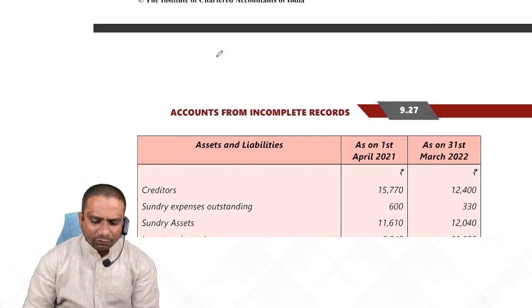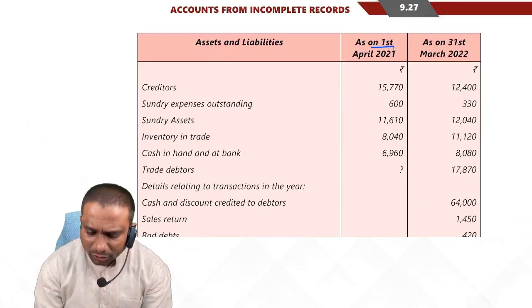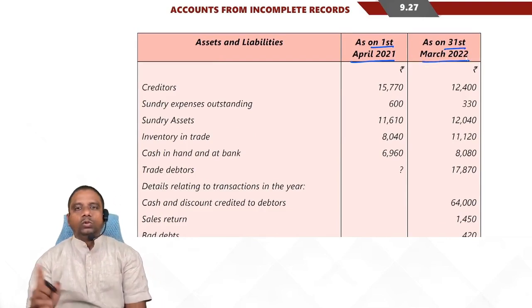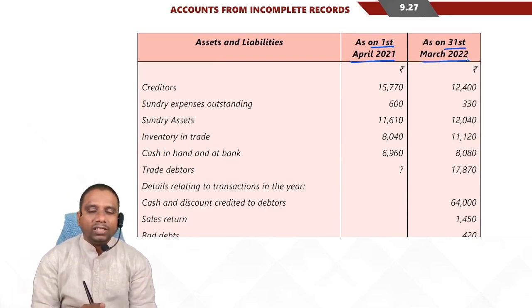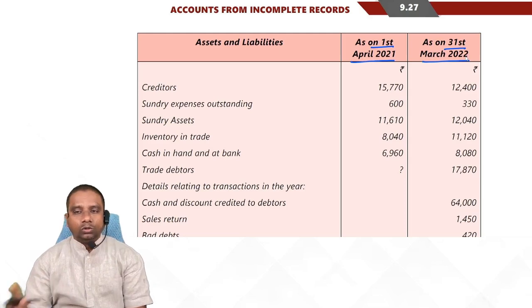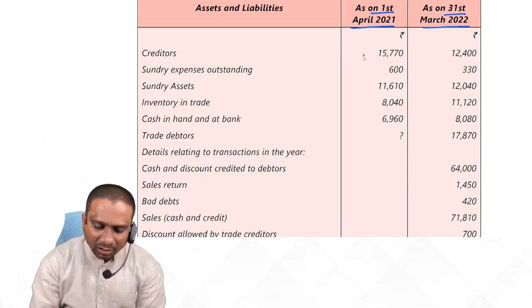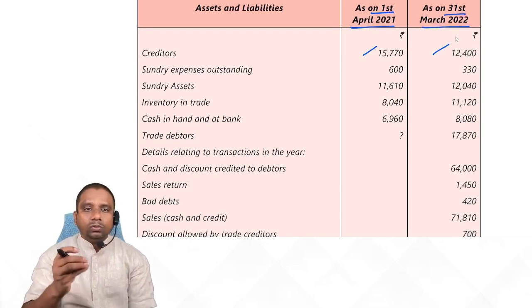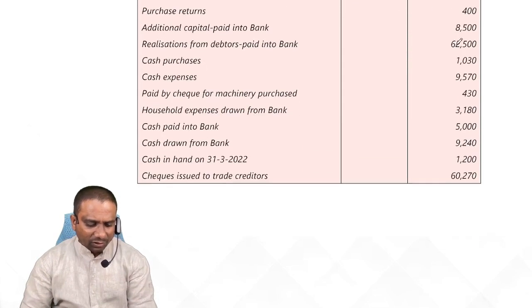Assets and liabilities information they are giving, as on 1st April 2021, opening, and 31st March 2022, closing. Creditors, opening, closing. So if they have given capital, identify capital.